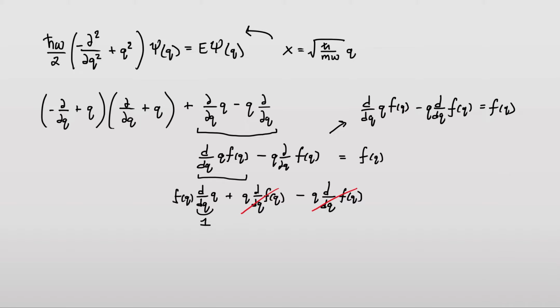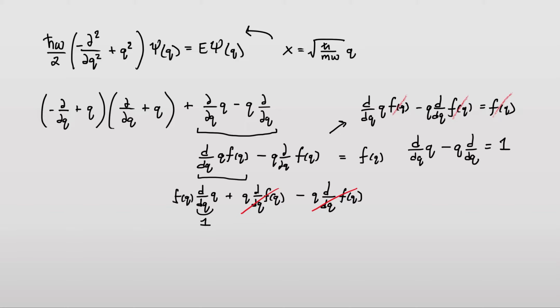We can think about dividing both sides of the equation. I think I got the wrong pen out. Yeah, there's a pencil, but that doesn't matter. Okay, go back to a pen. Now what we get is that d/dq q minus q times d/dq, this is an operator, and it's equal to 1.